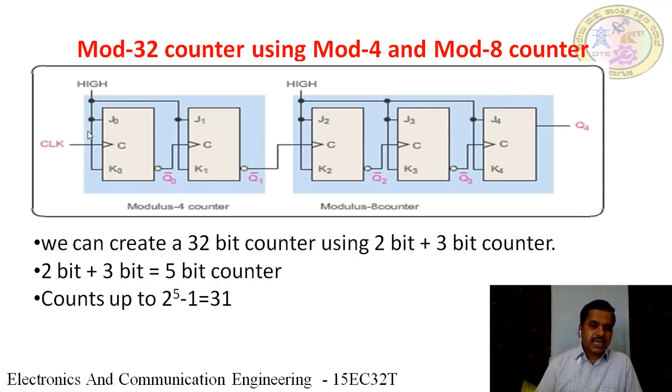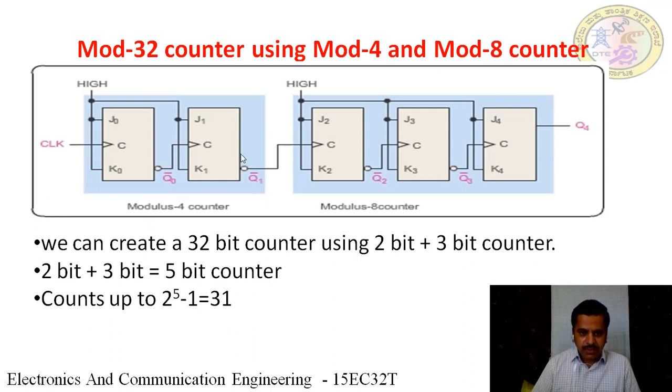See how it is cascaded here. This is a mod 4 counter. The output of the second flip-flop is given to the clock input of the third. The output of the third is given to the fourth, the fifth and so on. So we label the bits Q0, Q1, Q2, Q3 and Q4. When the clock is applied only to the first mod 4 counter, it counts 00, 01, 10, 11.